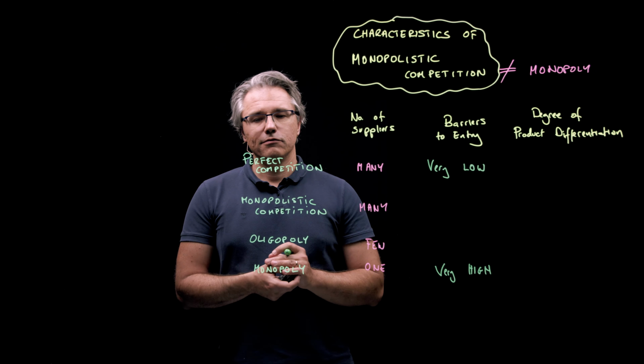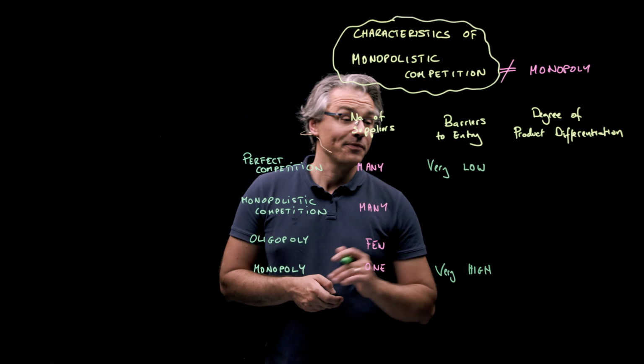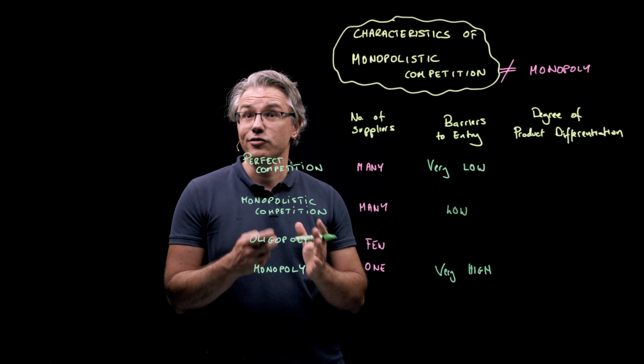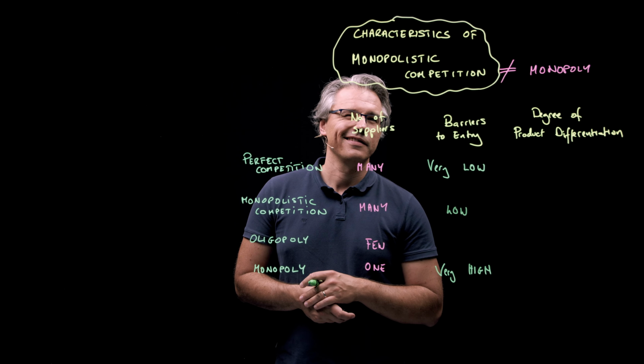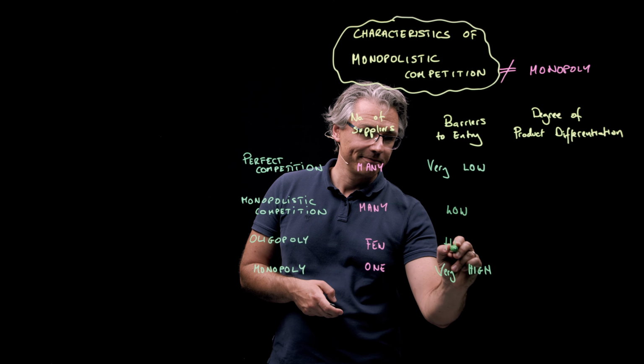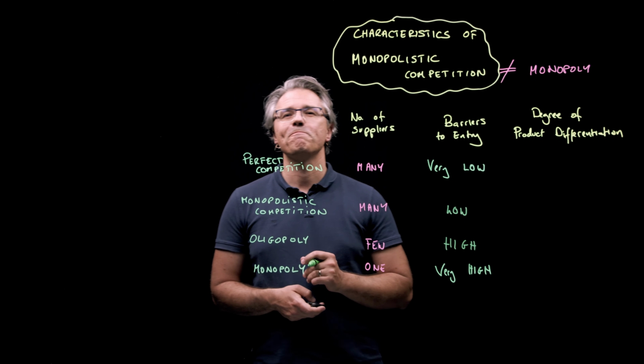In the middle with monopolistic competition and an oligopoly, we're going to simply say low, not very low, just low. And for the oligopoly, it's going to be high. So that's nice and easy to remember, hopefully.